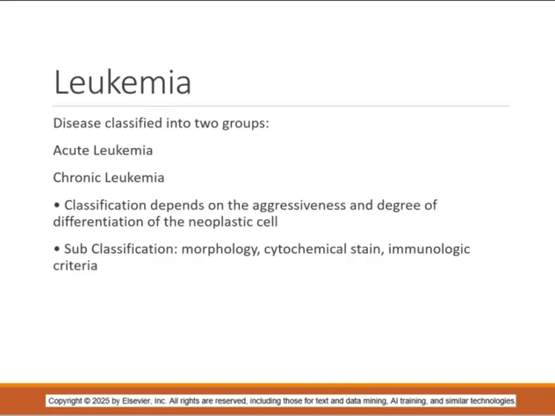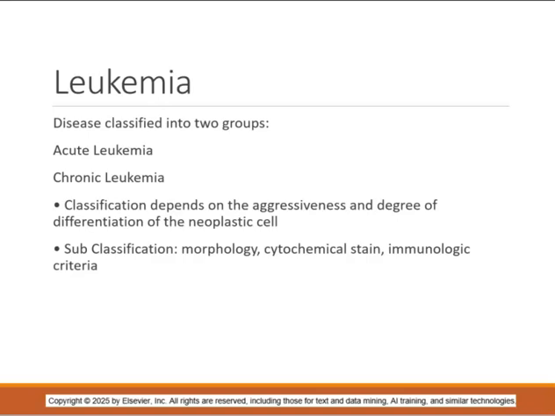So leukemia is classified into two groups. In this particular chapter, we're just going to cover the acute group. Chronic will be talked about in later chapters. A lot of the classification will depend on how aggressive it is, in other words, how fast it grows, how detrimental to the patient it may be, and the type of cell that's involved.